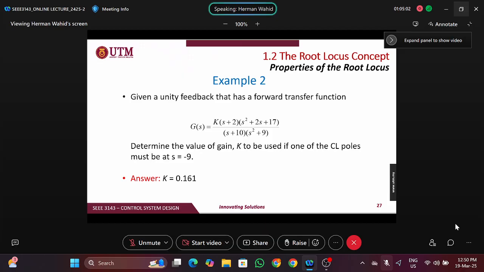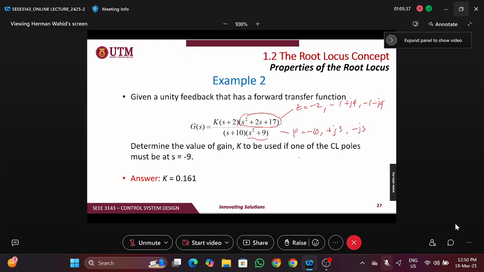Okay, so if you extract from this one, the zeros are -2, and you have to take the roots from here, and you will get -1 plus j4 and -1 minus j4. Okay, and for the poles here, we have -10, and from this one, we have plus minus j3, or plus j3 and minus j3.